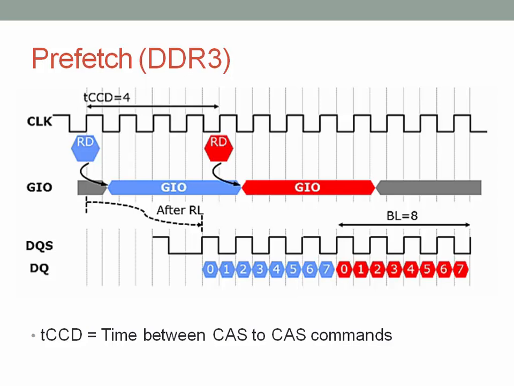So the point from here to here is the CAS latency. As soon as this command comes in, 8 data words are read out and sent out as a burst. That is called the burst length, which is also 8.